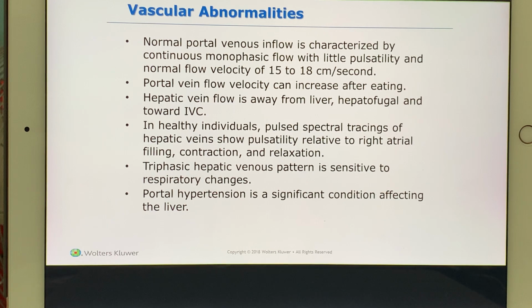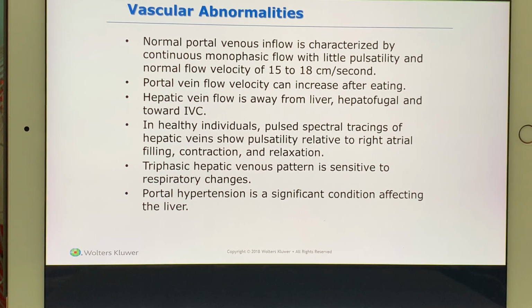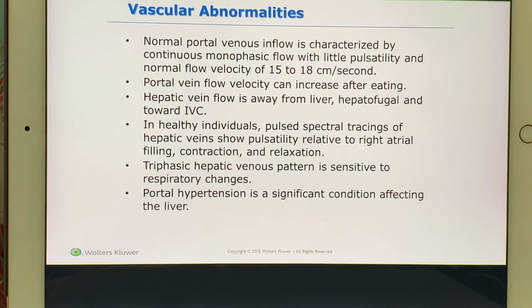If it backs up into the spleen, then we have collaterals, where God finds another pathway for the liver to get its blood, or varices. Varices are dilated veins and arteries that take up the slack of not having the blood routed the way that it should.